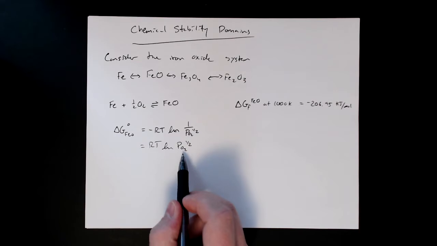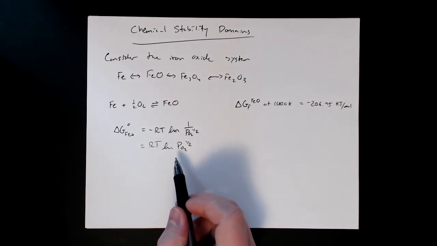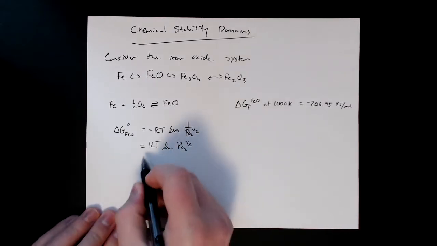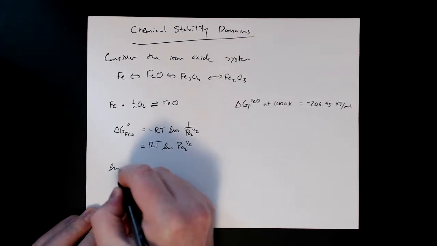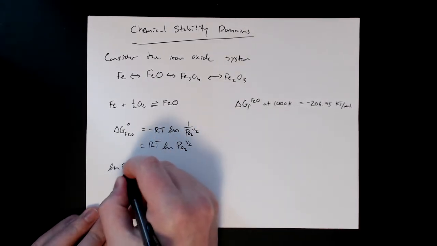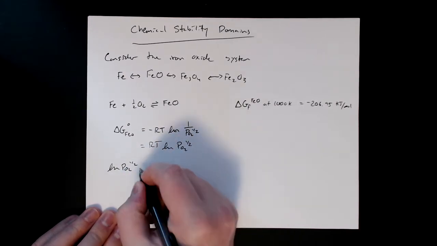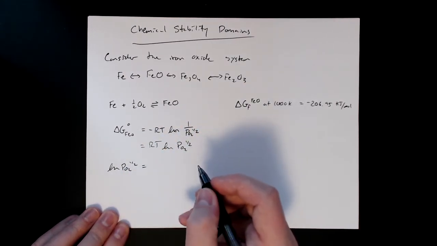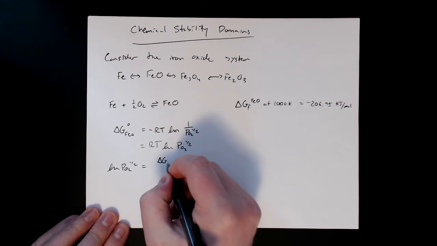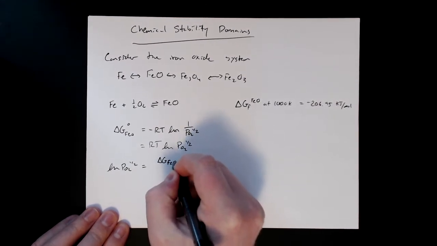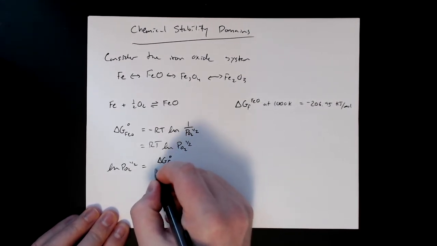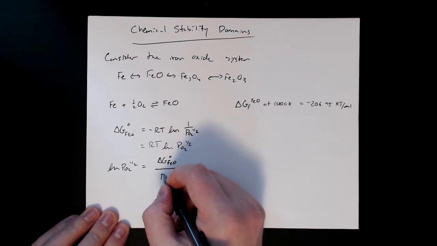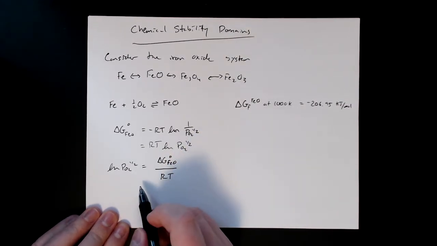So we're trying to solve for pressure. What we can do is divide this and get that the natural log of PO2 to the 1/2 is equal to delta G FeO divided by RT. So we just rearranged it.